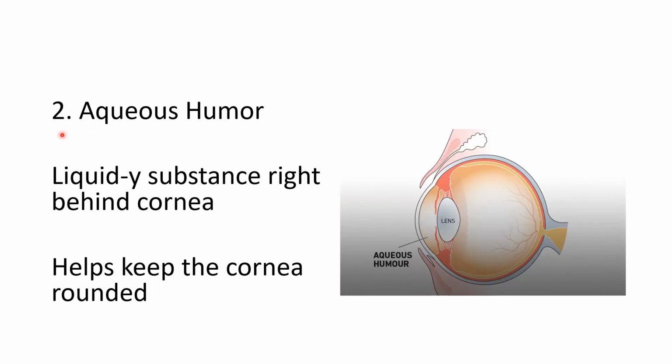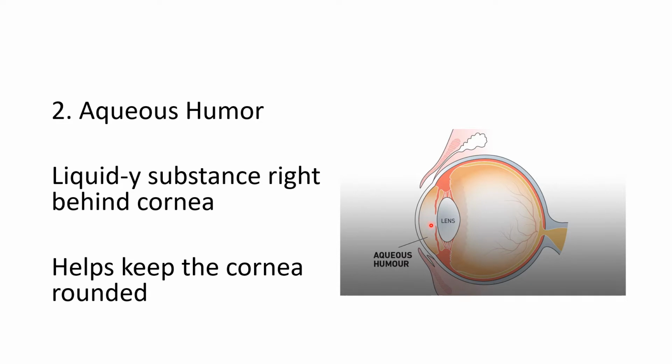Just behind the cornea, we have what's called the aqueous humor. This is a very liquid, watery substance right behind the cornea. If this white bit here is the cornea, just behind it, but in front of the iris and the lens, is the aqueous humor, and this is some liquid that helps keep the cornea puffed out and rounded in the shape that it should be, because you can see that the whole eyeball has the same kind of shape until it gets to the front portion where the cornea is, and then it poofs out a little bit more, and that just has to do with refracting light so that it can end up on the retina the right way.